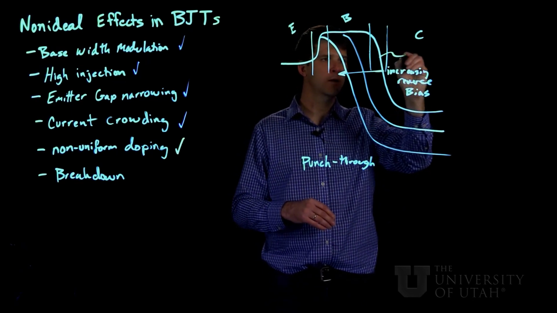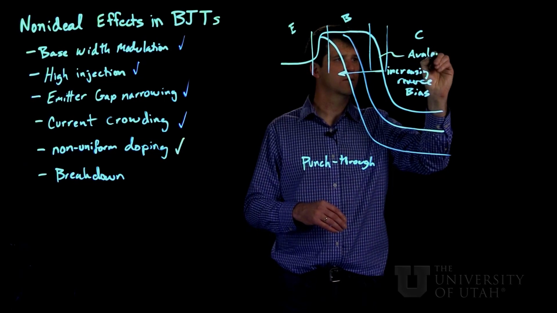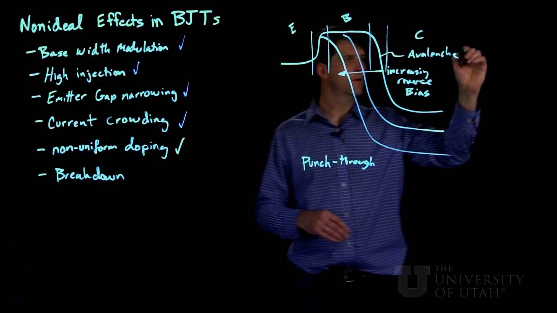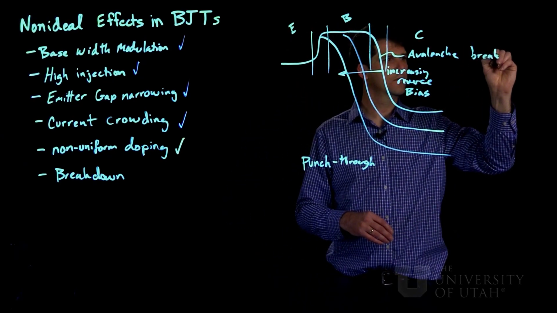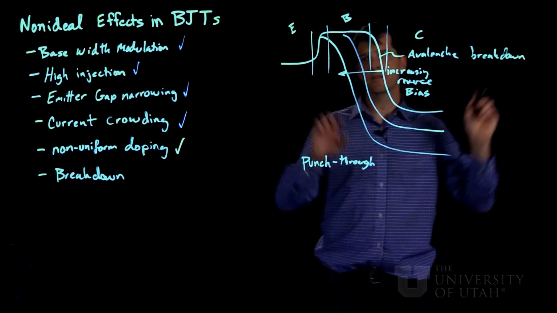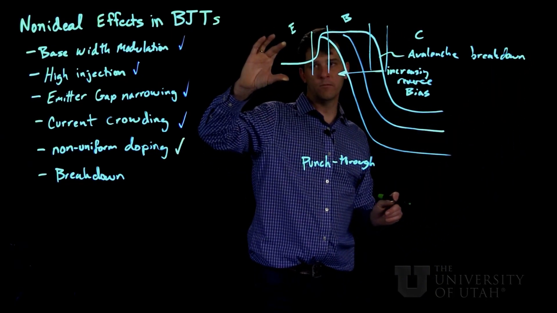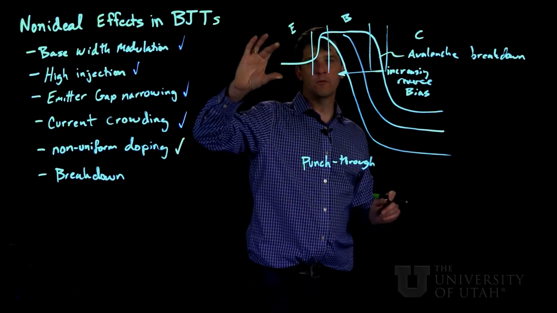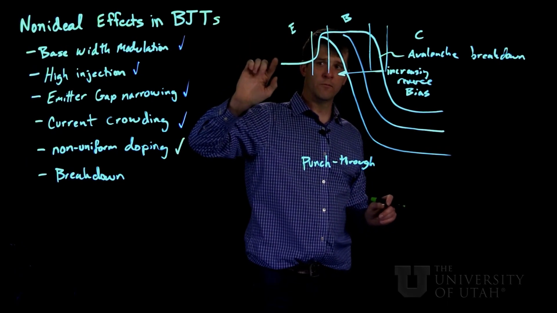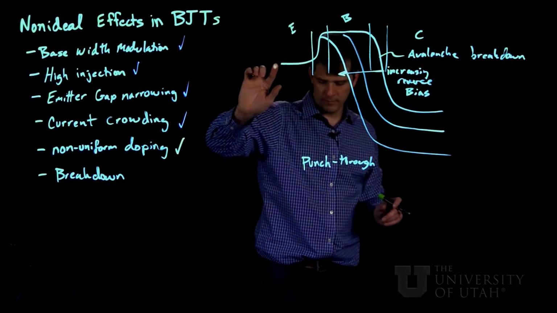So we're really talking about avalanche breakdown. And just remember that the emitter is usually operated in the forward active mode in forward bias, and therefore we don't worry about breakdown of this junction.